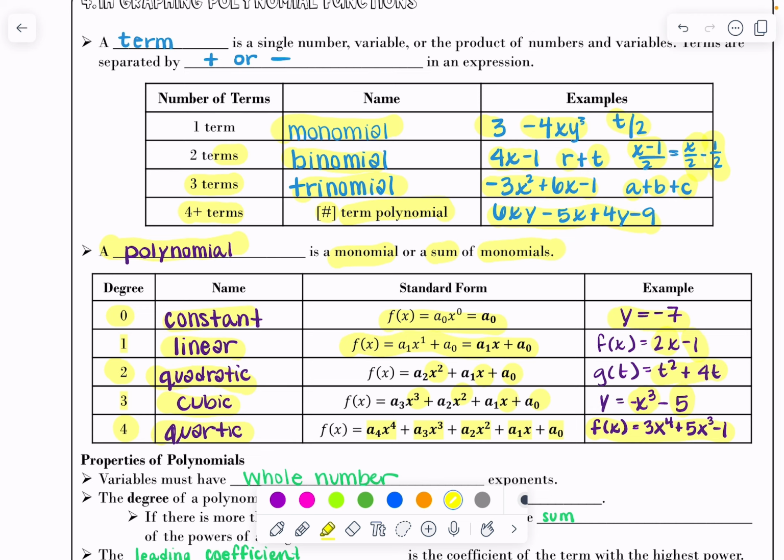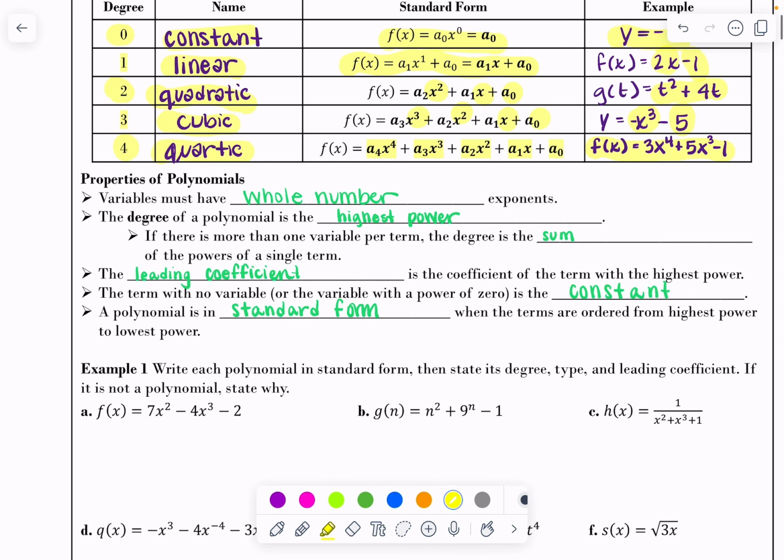Okay. Finishing up this first page of content, we have properties of polynomials. These are variables. They must have whole number exponents, okay? That's a property of a polynomial. It has to have a whole number exponent. We can't have negative exponents because that would mean we have to put it in the denominator. We have to rationalize it.